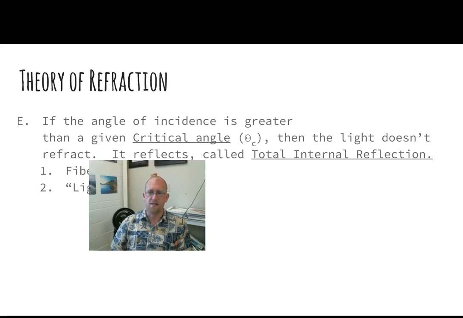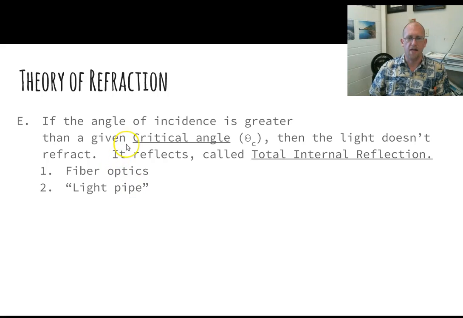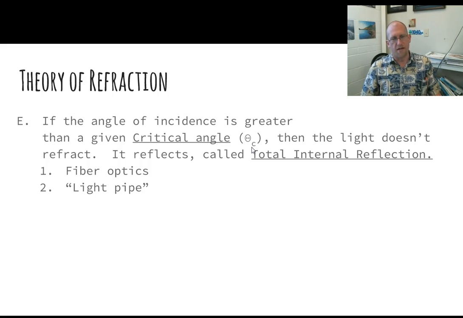If the angle of incidence is greater than a given critical angle, which we will call theta sub c, then light doesn't refract, it reflects, and we call this total internal reflection. This is used in fiber optics. So you have a glass wire and you shine light down the glass wire, and the light could just come out of the glass wire.